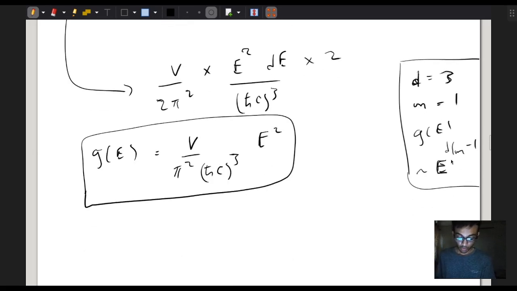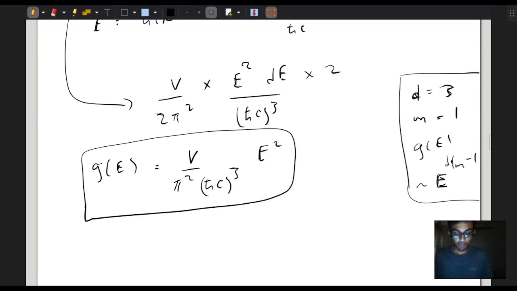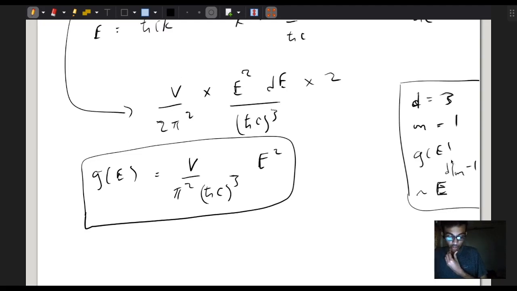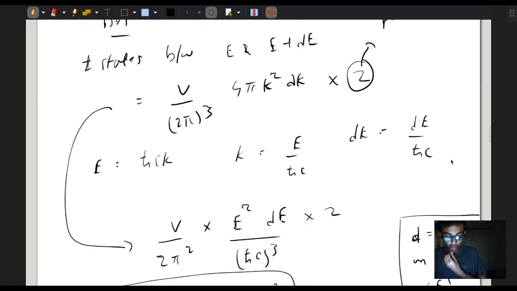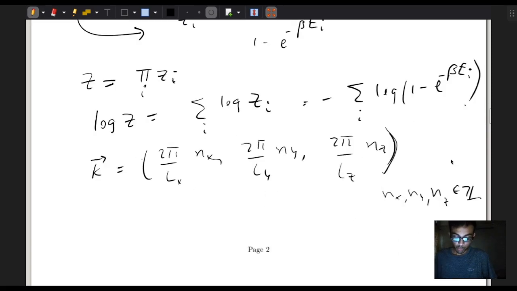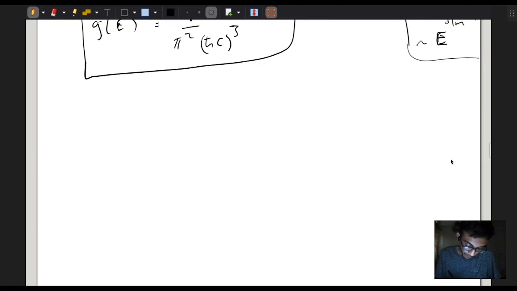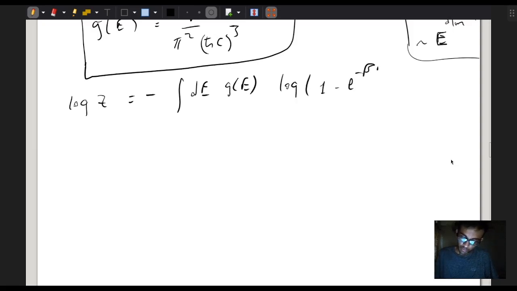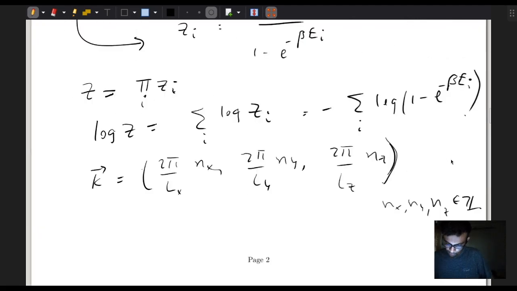Now that we have the density of states, we can write the logarithm of the partition function as an integral over the possible values of energies. Hope I got that right.